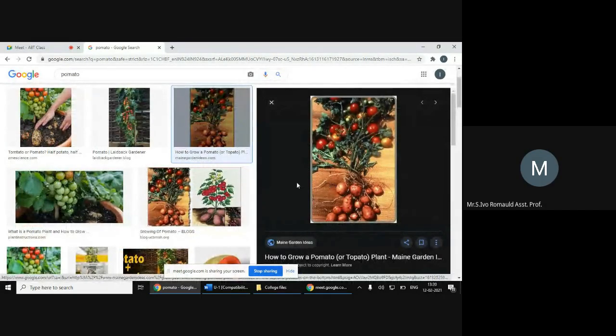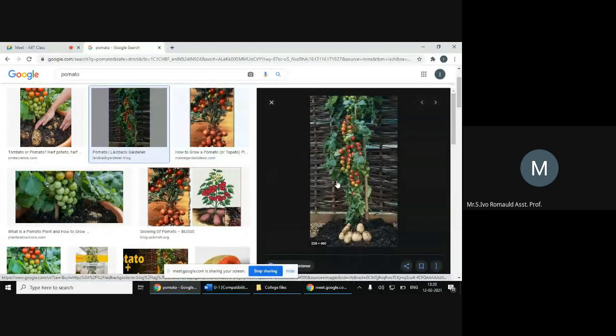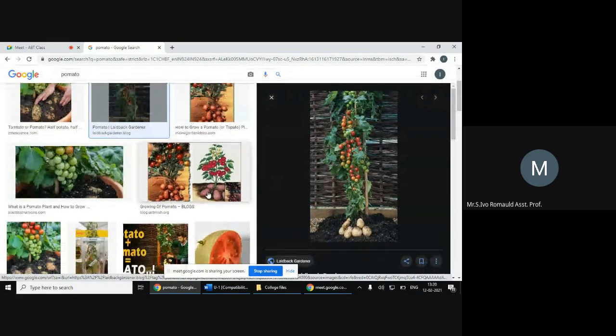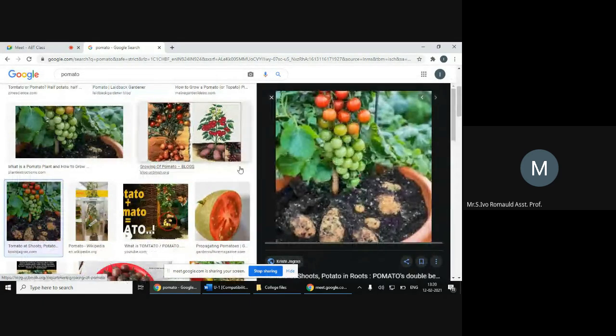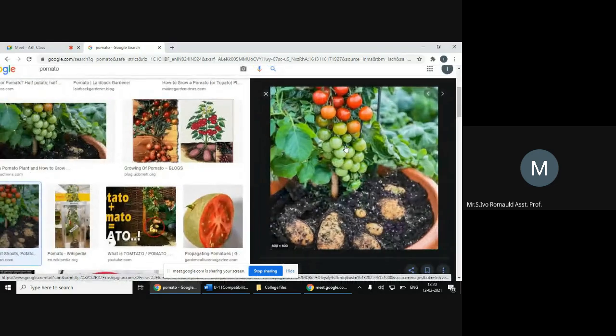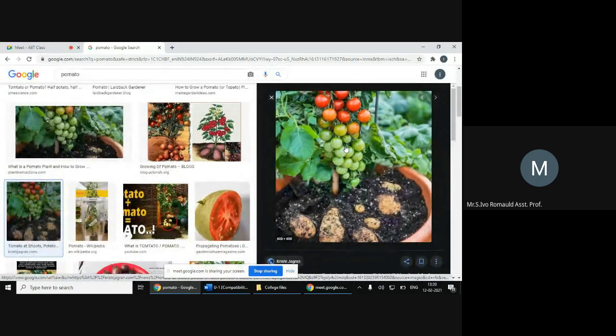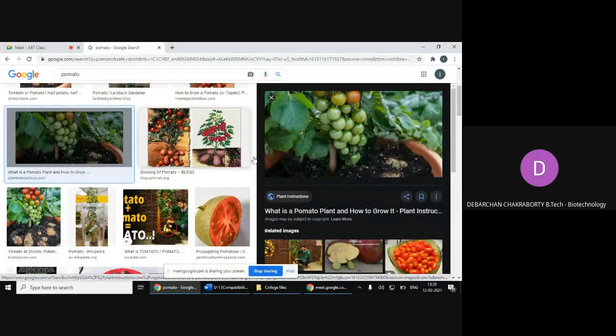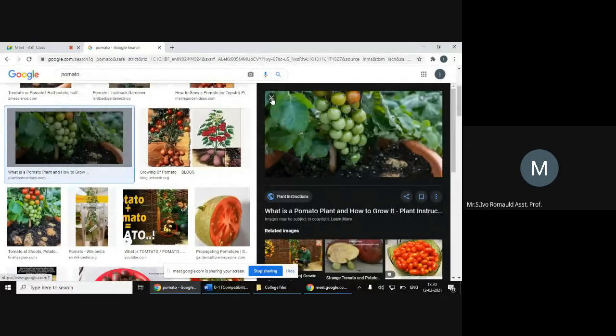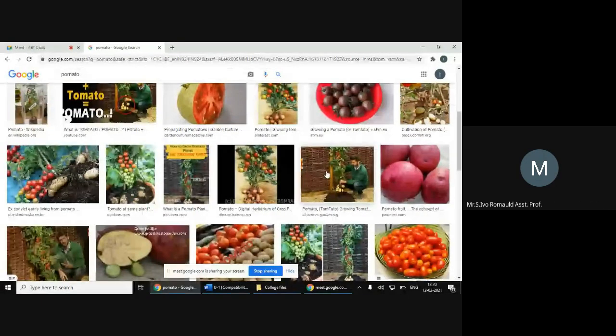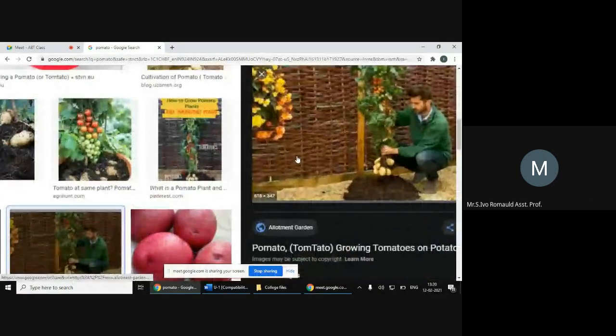See, this is a tomato plant. They have fused tomato and potato, and they termed it pomato. Yes, sir, I have seen this.